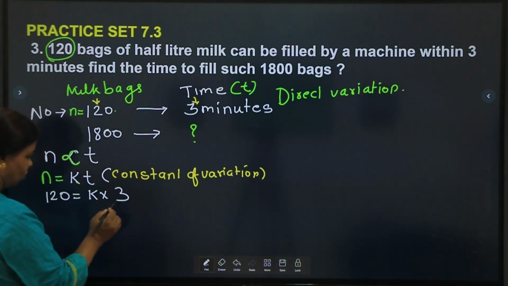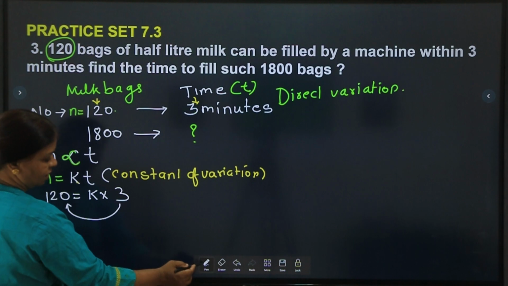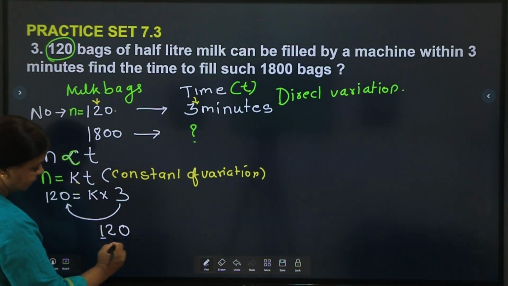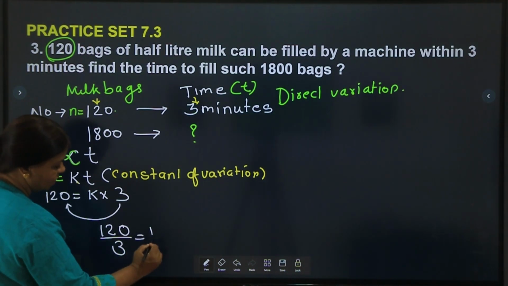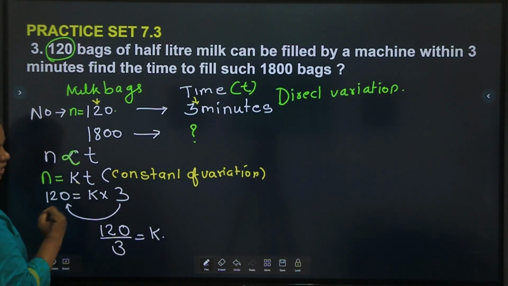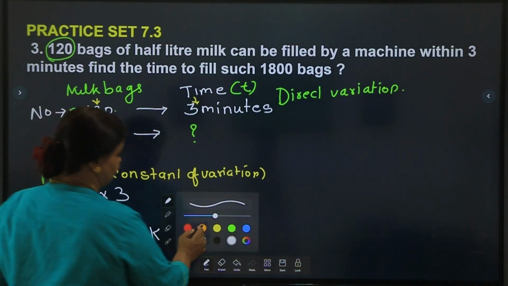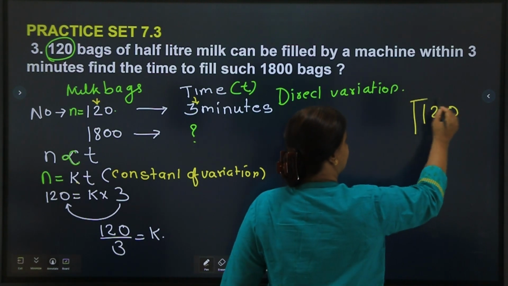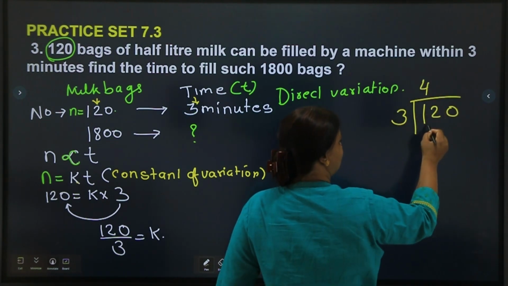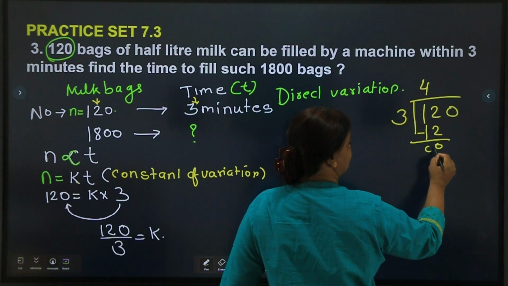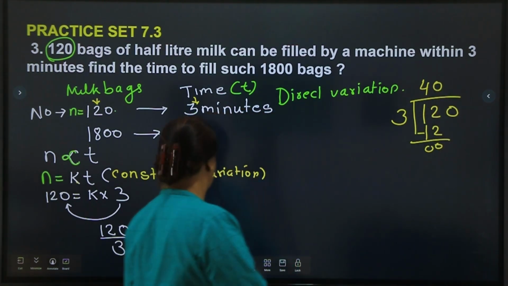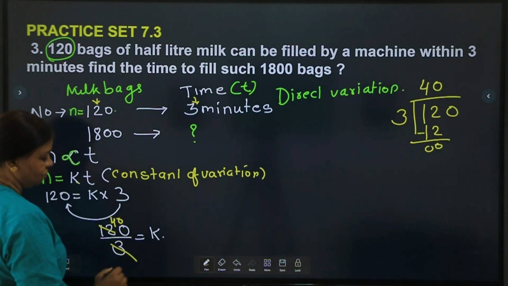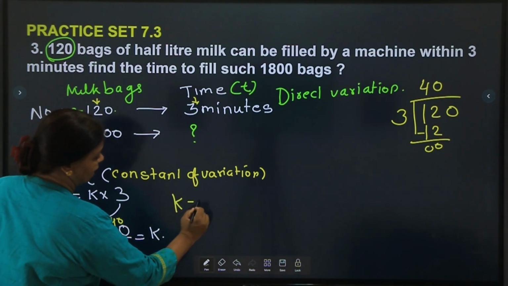Now 3 will come down here in the denominator and it will be 120 upon 3, which is equal to k. So 120 can be divided by 3. Let me divide it here. 120, let us divide by 3. Very simple. 3 4s are 12, minus, this 0 will come here, 40, and you will get 40. So 3 1s are 3, 3 4s are 12, answer is 40. So we get k value as 40.